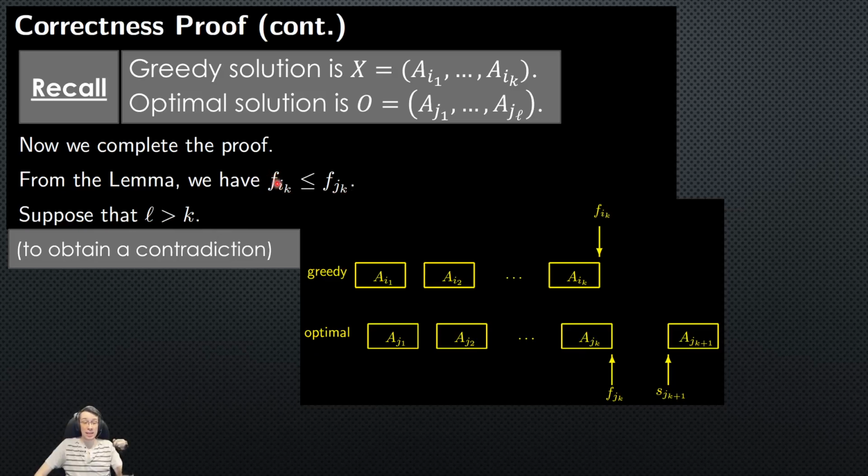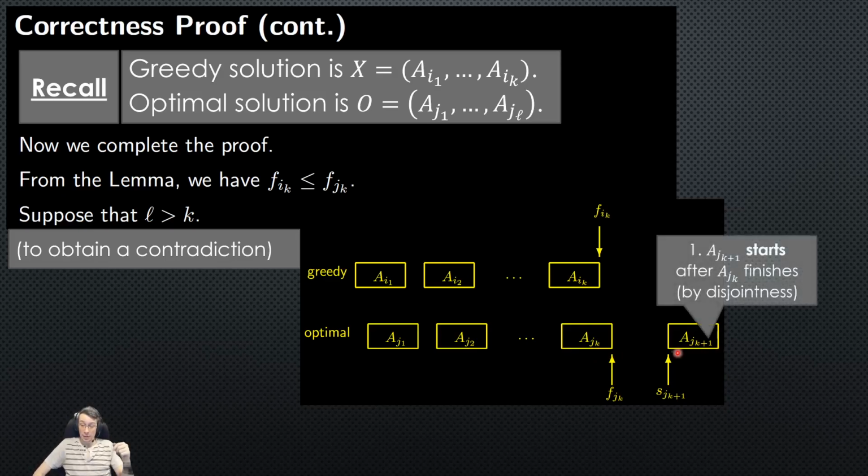greedy algorithm selects AIK as its last interval, and the optimal algorithm selects AJK, and then it selects something else. And AJK plus 1, the next interval that the optimal algorithm chooses, of course by disjointness, since this is a feasible optimal solution, has to start after AJK finishes.